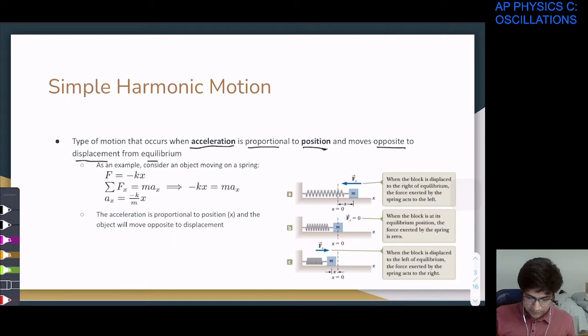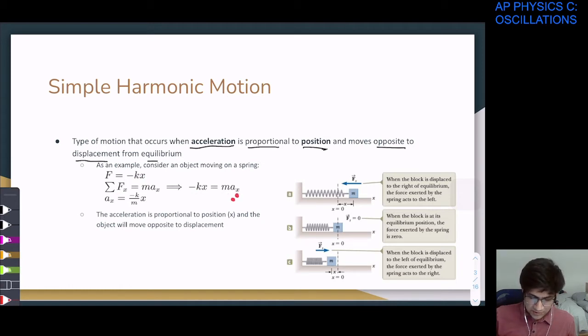So we know that for a spring we have F equals minus kx, from an earlier lesson, and we know from Newton's laws that F equals ma. And if we put in minus kx for F, we get minus kx equals ma, and the acceleration, of course, is just in the x direction.